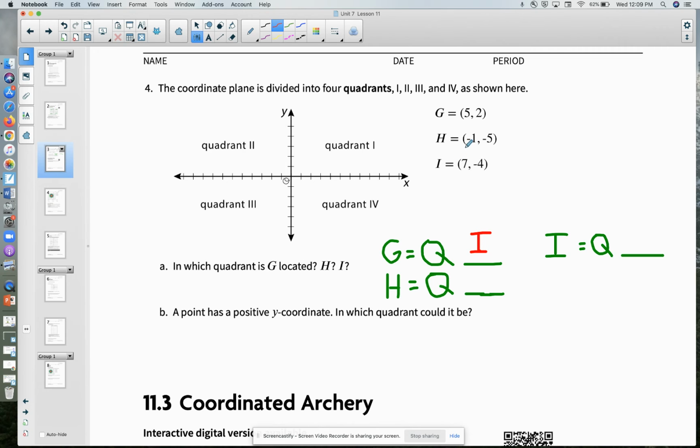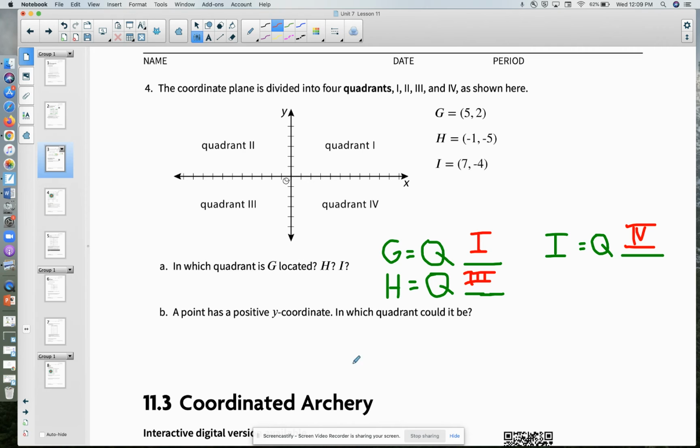How about -1 and -5? So -1, -5, quadrant 3. What about 7 and -4? So 7, -4, quadrant 4.